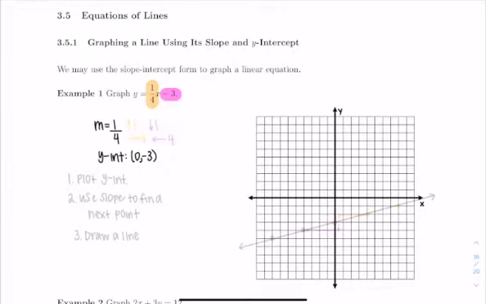And so when we use the slope-intercept form to graph a linear equation, the first step is to plot the y-intercept. So let's go ahead and do that. We got 0, -3.